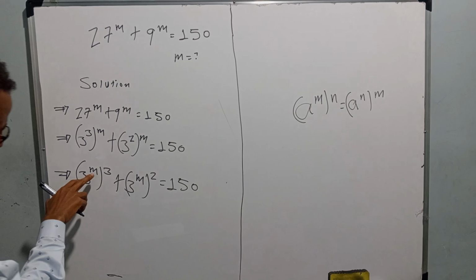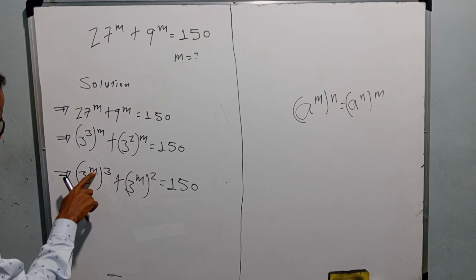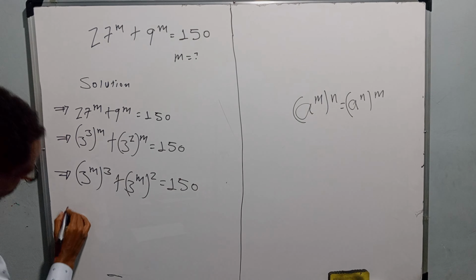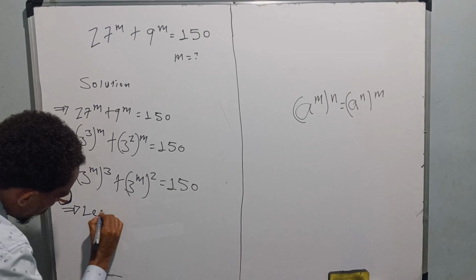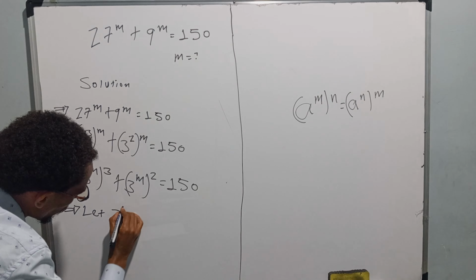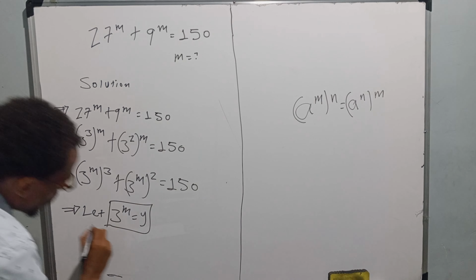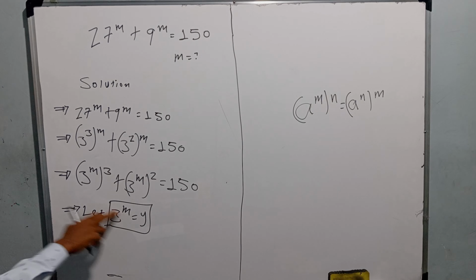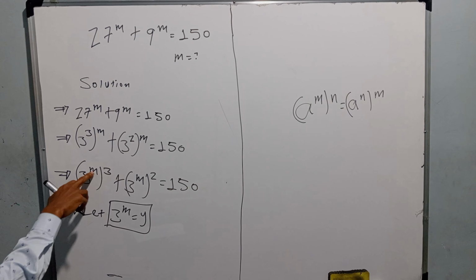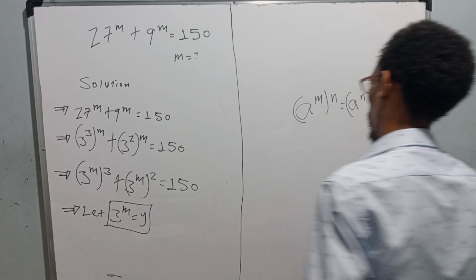In order to find the value of m, we must replace 3 to the power of m with another variable. Let 3 to the power of m be equal to y. So we replace 3 to the power of m everywhere.